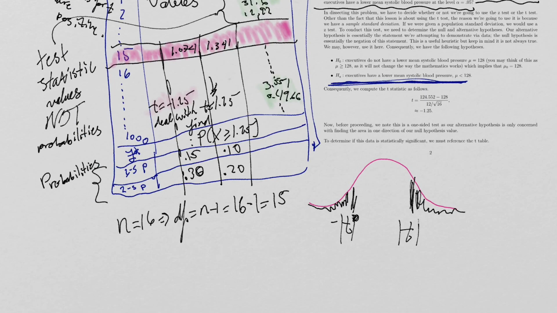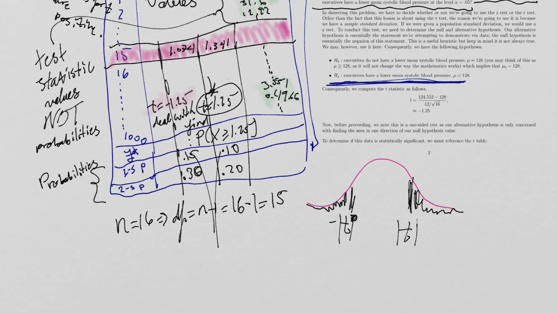And so, the conclusion for our test, because the absolute value of our t value is between these two values, we know that our p-value is between, we don't know exactly what it is, we know it's neither of these numbers exactly, we just know specifically that it's between 0.1 and 0.15.